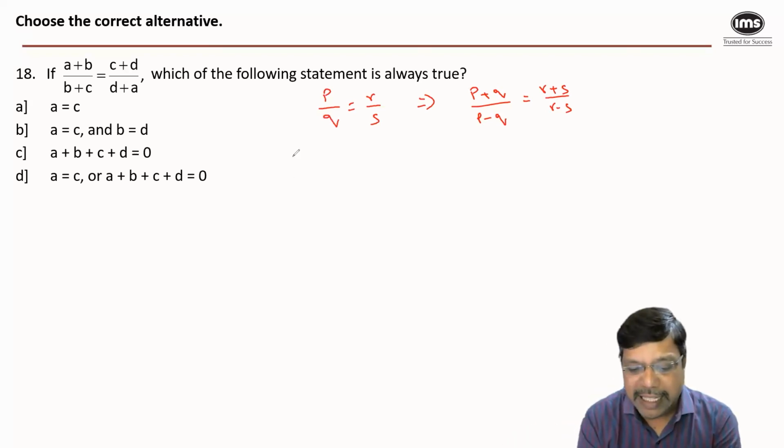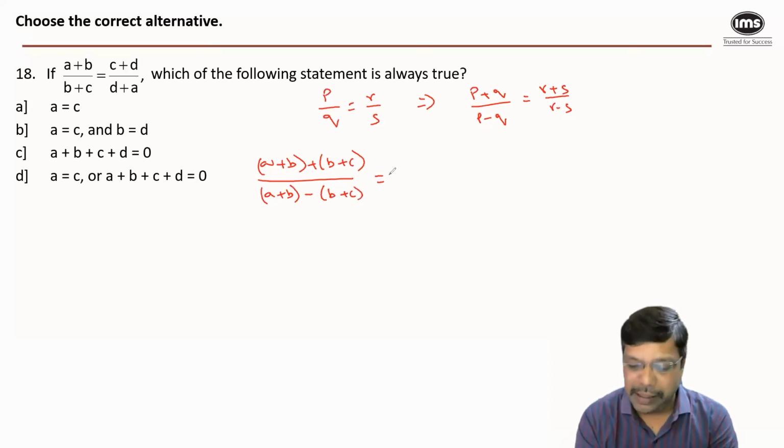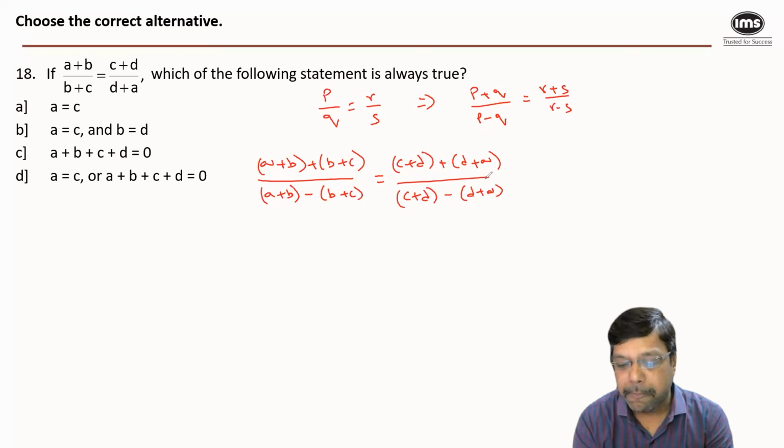By applying this, I get (A plus B plus C) divided by (A plus B minus B plus C) is equal to (C plus D minus plus D plus A) whole divided by (C plus D minus D plus A).